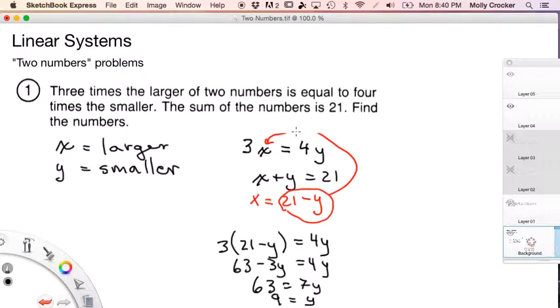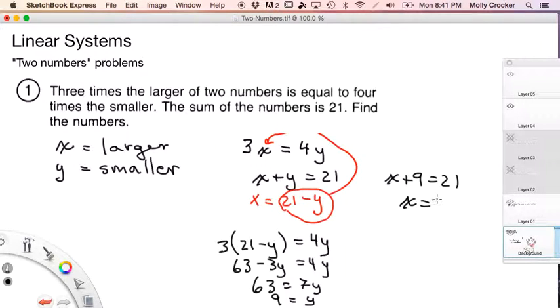So let's see, the sum of the numbers is 21. So if one of them is 9, then what must the other one be? Or excuse me, we found y. So let's back that out a second. And so x plus 9 equals 21. What can you add to 9 to get 21? And the answer is 12.